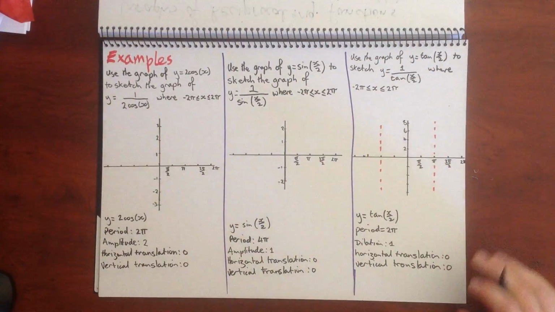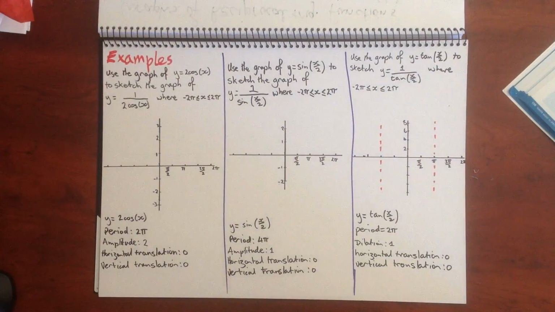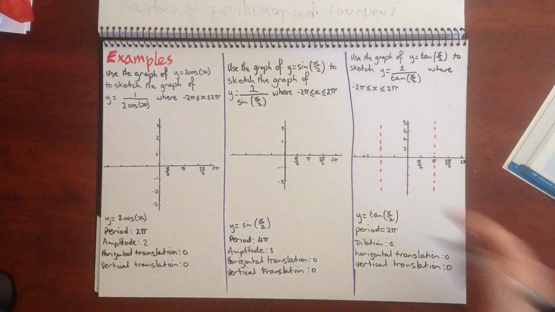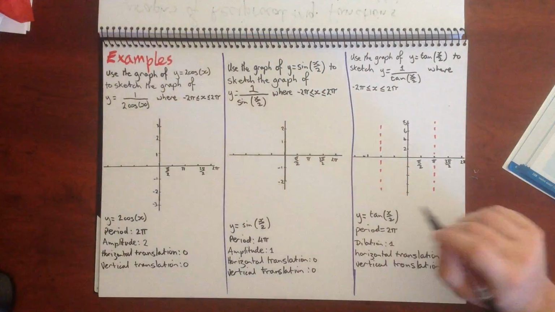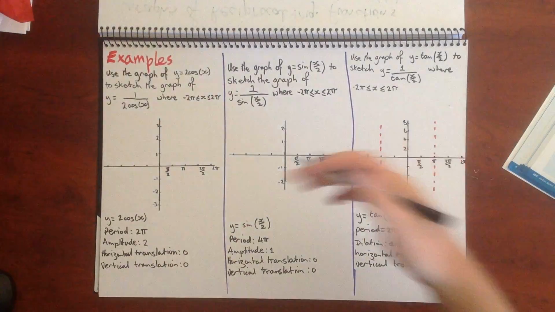Here's the graph of y equals 2 cos of x, to sketch the graph of y equals 1 on 2 cos of x, where x is between negative 2 pi and 2 pi. What we really want to do to start off with is draw our original function, y equals 2 cos of x, because the question tells us to use the graph of that.